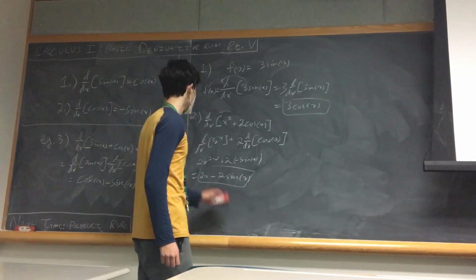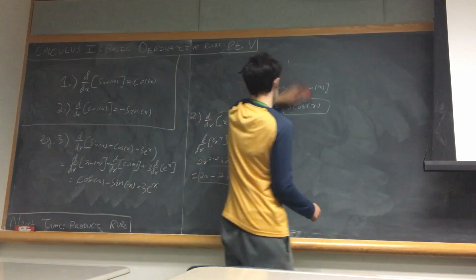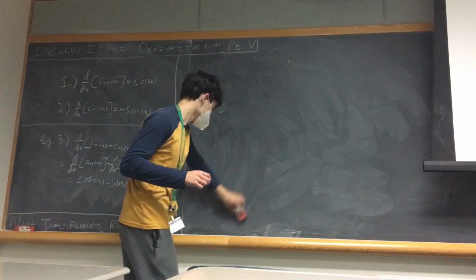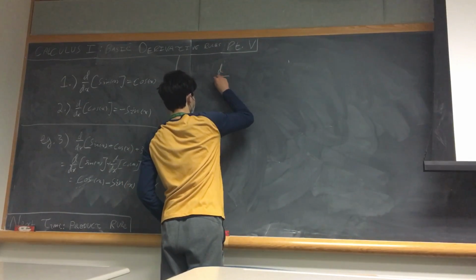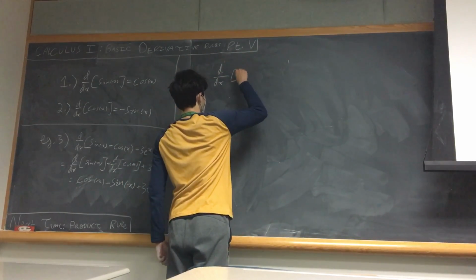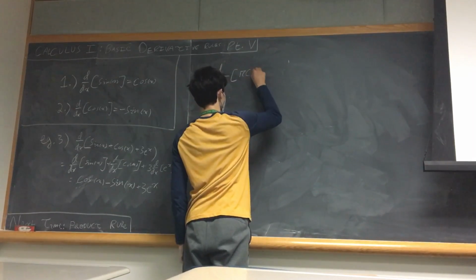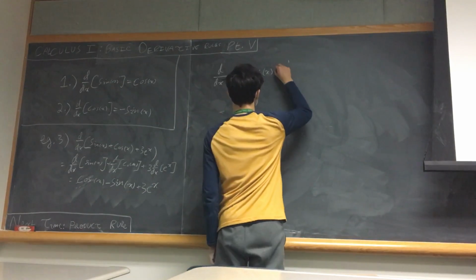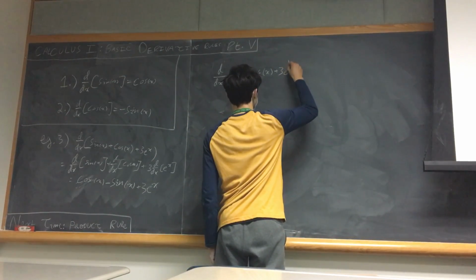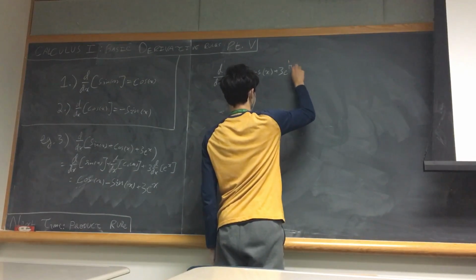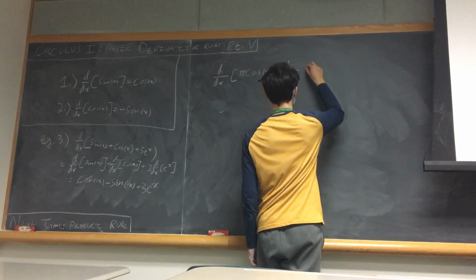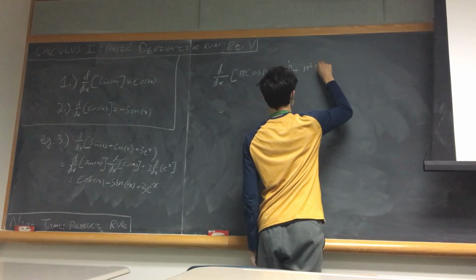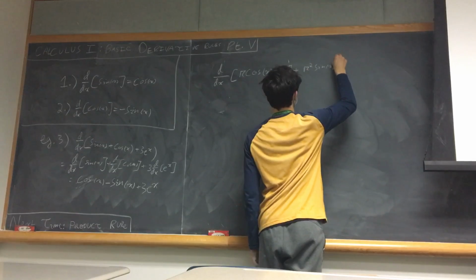So then, let's do one more example. What's the derivative of pi cosine of x plus 3e to the pi plus pi squared sine of x?